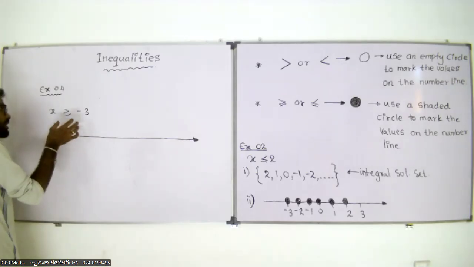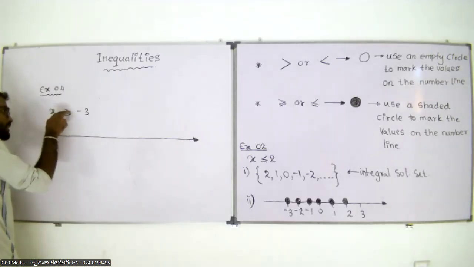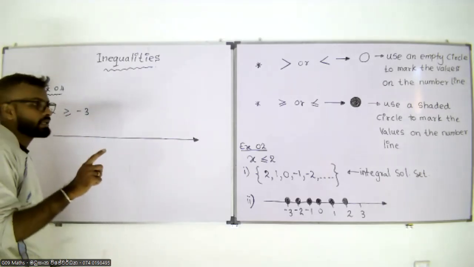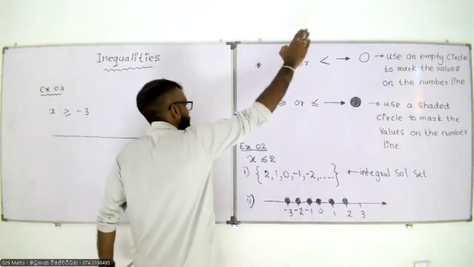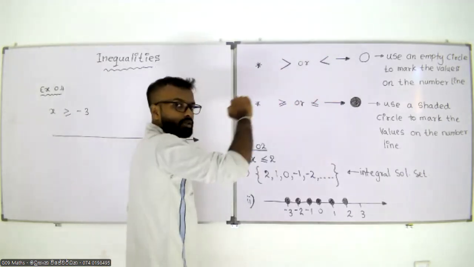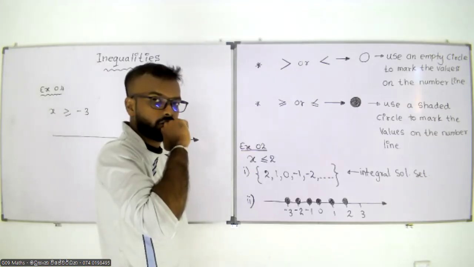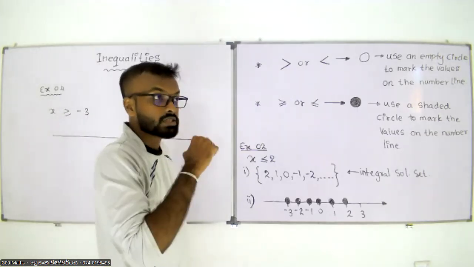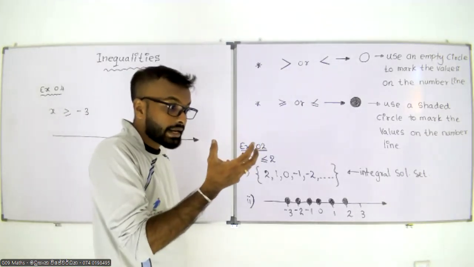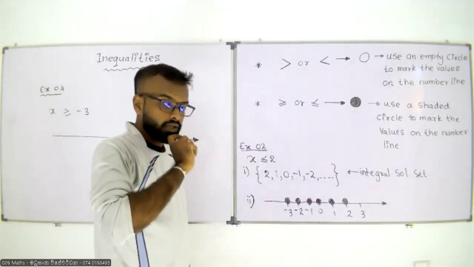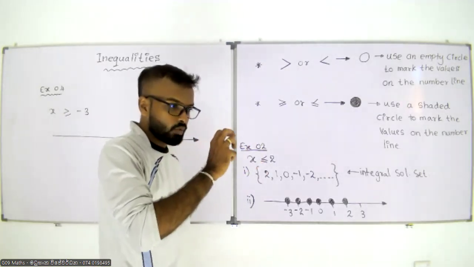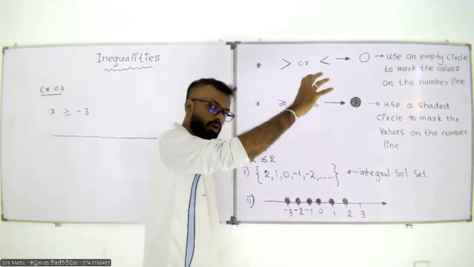By looking at this, you can say X values are greater than or equal to -3. So we need to travel to the positive side of the number line, because the X values are greater than -3: -2, -1, 0, 1, 2, 3, 4.